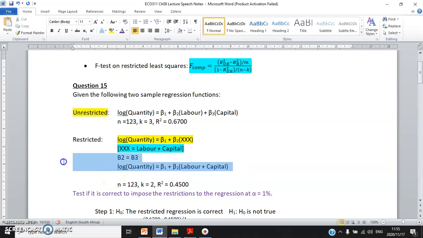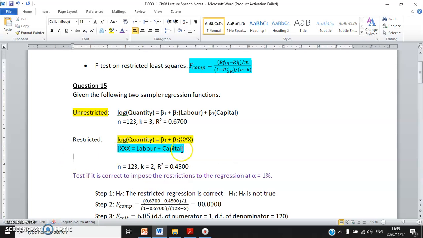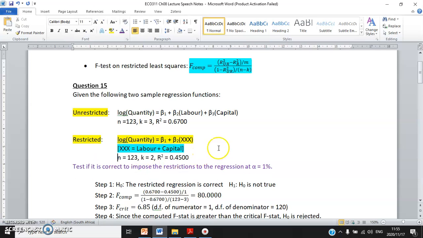But subtly, you already realize that according to this information in the question, this is the restricted regression because I impose one restriction on the slope parameter. So let me write it down. That is one restriction is imposed on the slope parameters, that B2 equals B3.